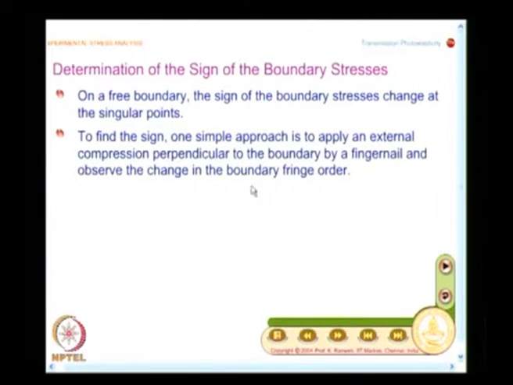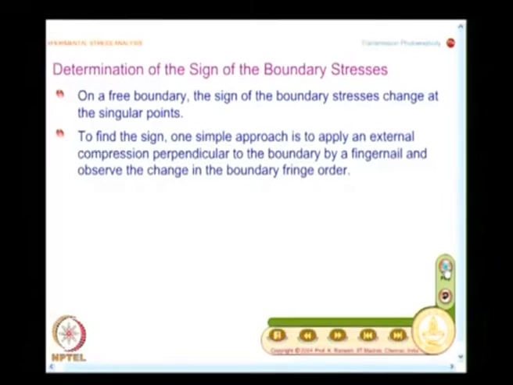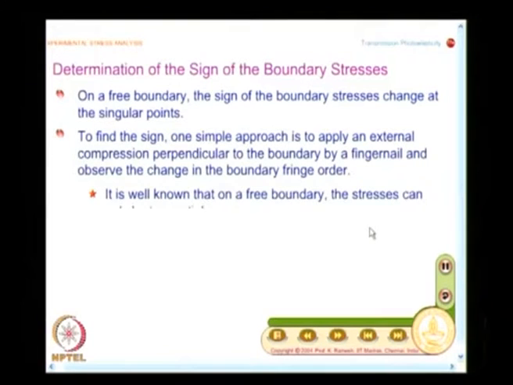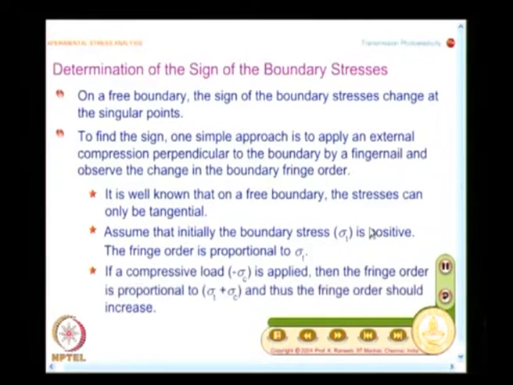Here again the boundary fringe order will change by a very small amount, and it is advantageous that you view the model in white light and see the color sequence when the model is compressed by a fingernail. And you have to look at the model very carefully, and we will have to identify, depending on the change in the fringe order, whether it is positive or negative.